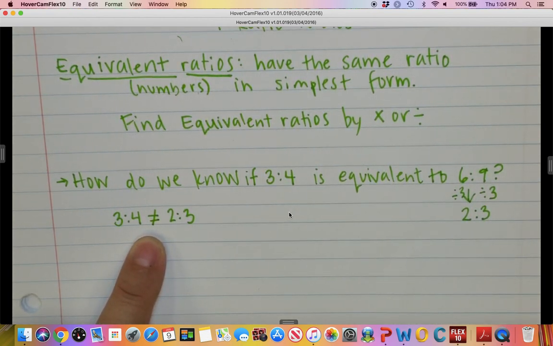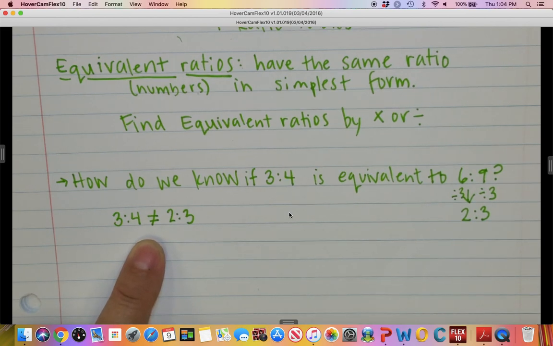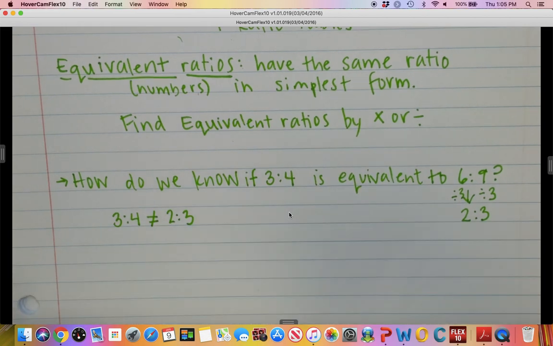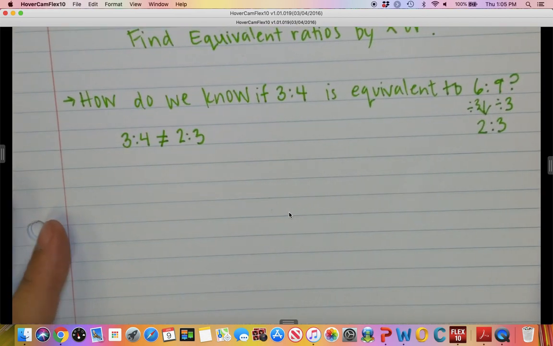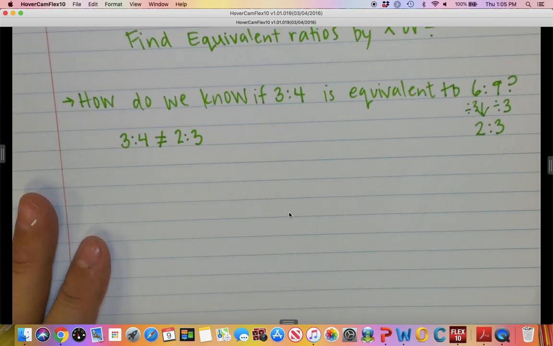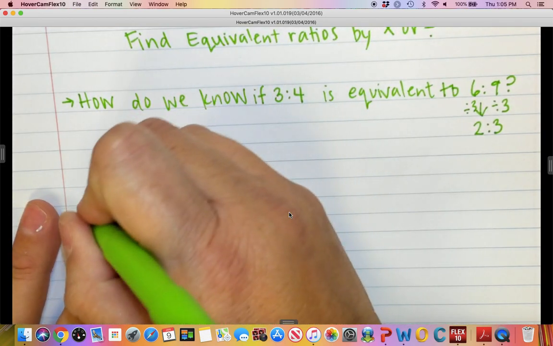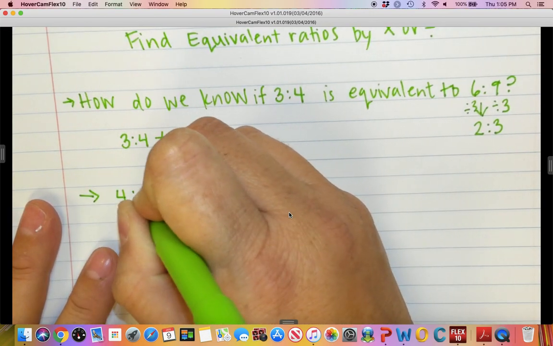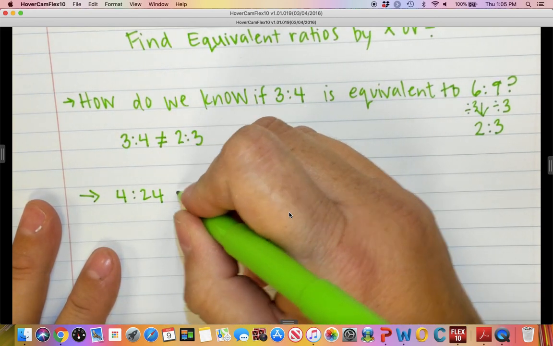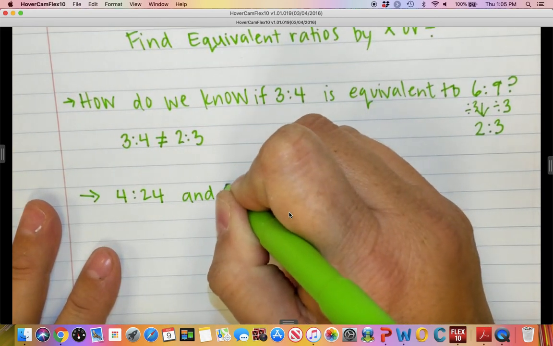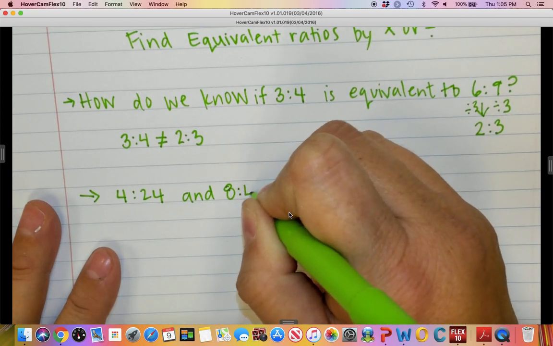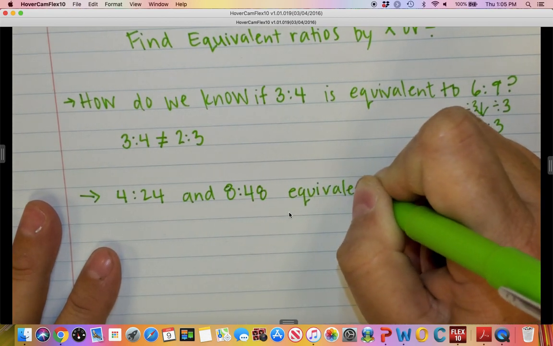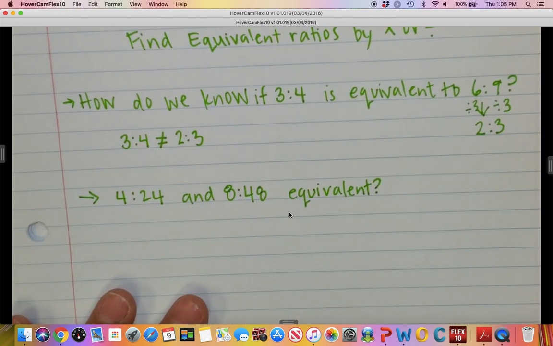So you're going to come across some problems that ask you if they are equivalent, and you have to break them down into simplest form. I'll give you another example of a number that's greater. So 4 to 24 and 8 to 48, equivalent? So let's break them down.